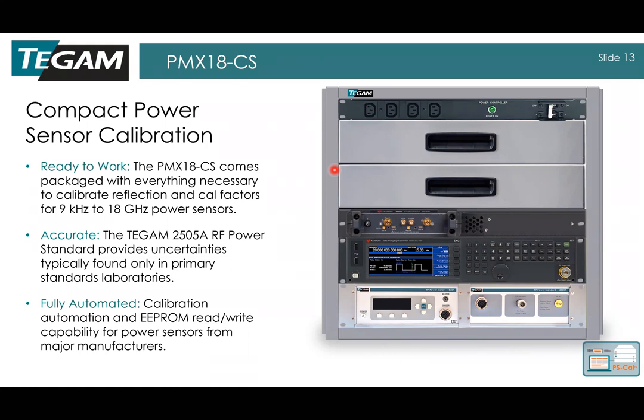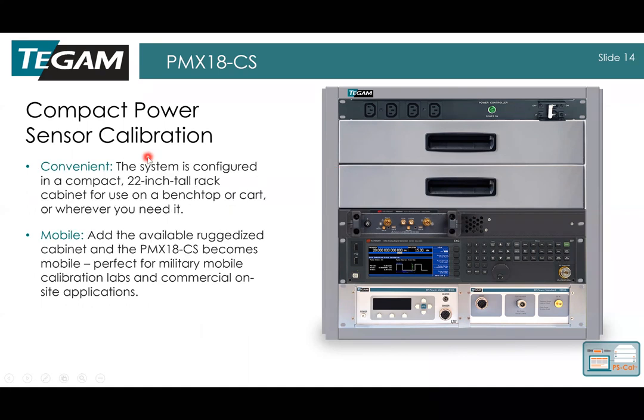Fully automated. It comes with PSCal, and all the equipment is already configured and designed to work with PSCal. It'll come installed on the laptop that's included with the system, and will fire up as soon as you turn everything on, and you'll be calibrating sensors right away.